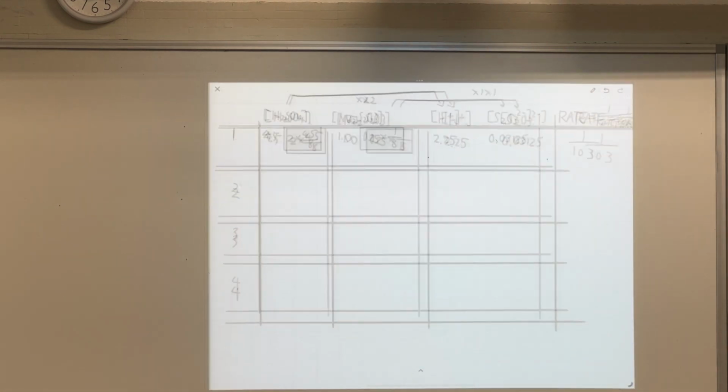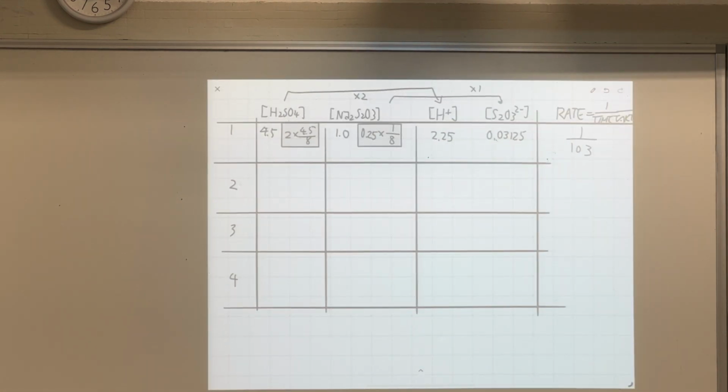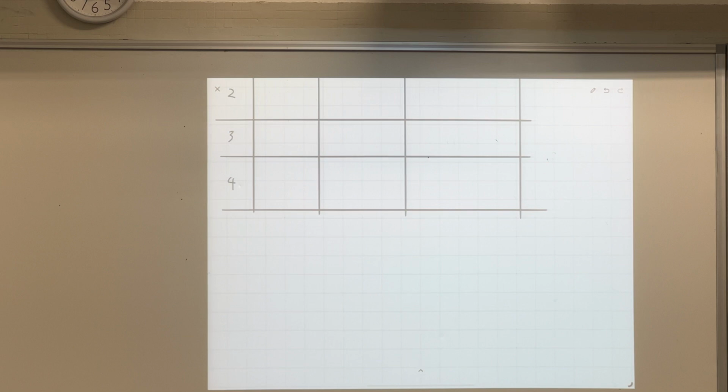What we have been doing so far is solving for part B, where we already know the answer. How is the time recorded related to the initial rate? We need to divide 1 by the time taken. So for part B, the rate is equal to 1 over time taken. This is how the time taken is related to rate.